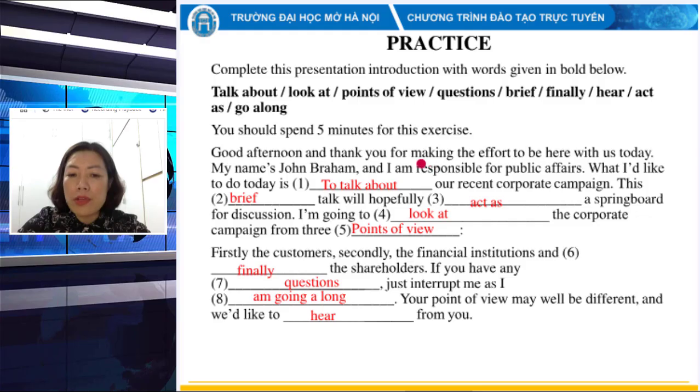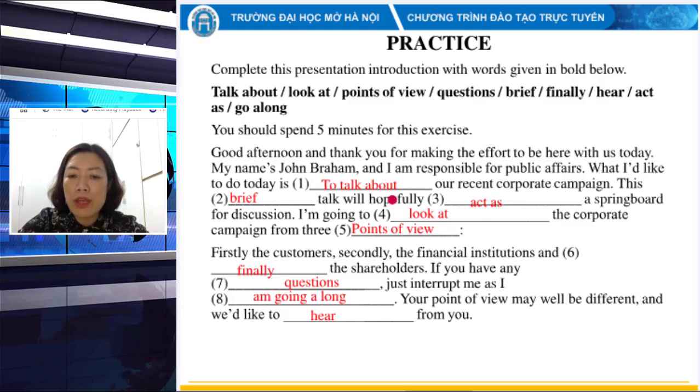I'm going to look at the corporate campaigns from three points of view. Firstly, the customers. Secondly, the financial institutions. And finally, the shareholders. So you should tell the outline clearly like this. What is the first one, the second one, and the third one?